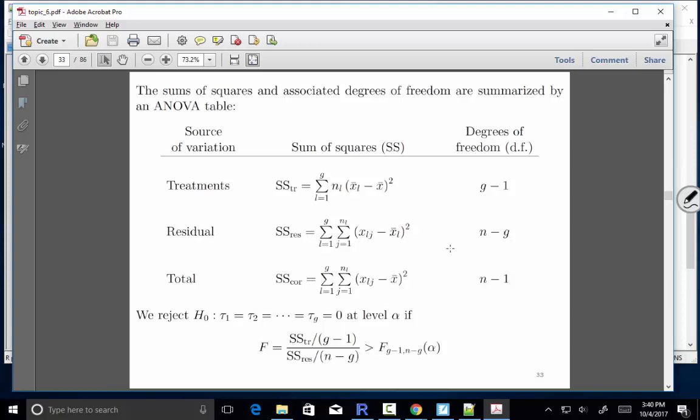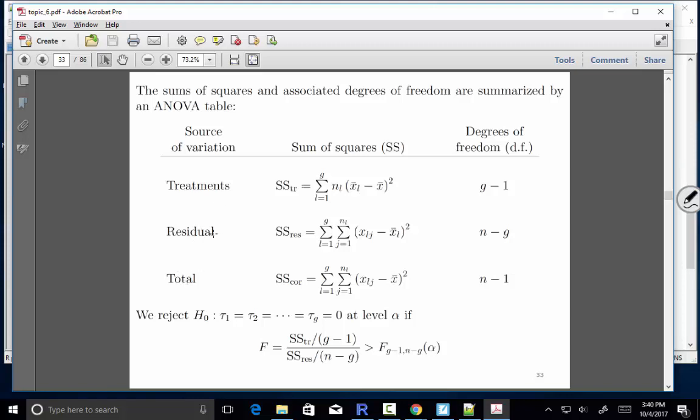The table is just a presentation of the model decomposition I showed on the previous slide. We typically say, here's a column that specifies the source of variation, and it's either treatment, that would be like between group variability, or residual, that would be like within group variability, and total.